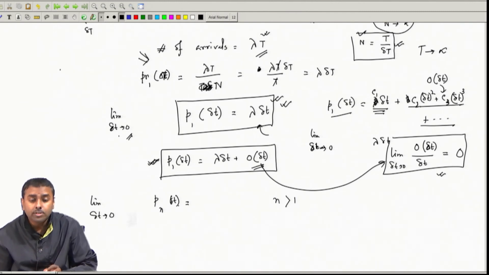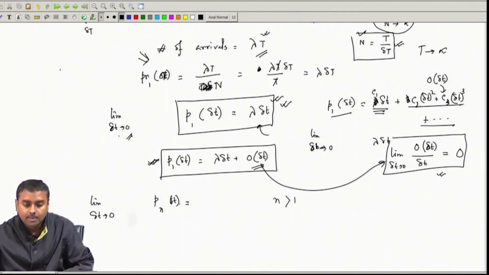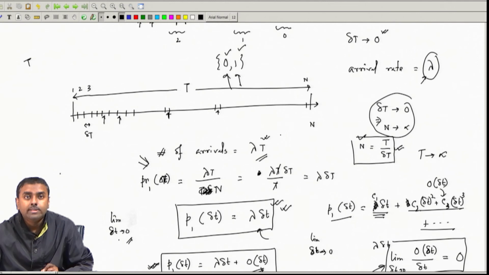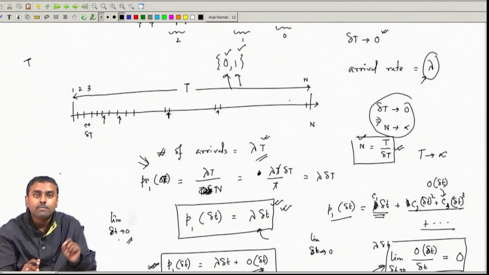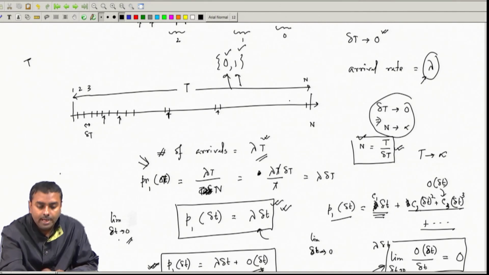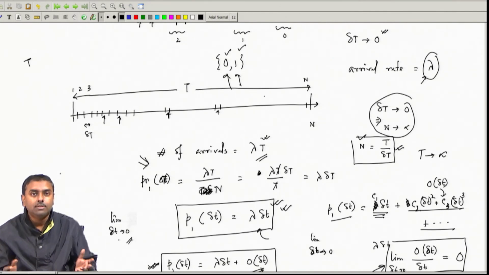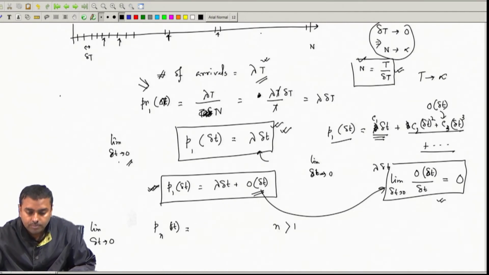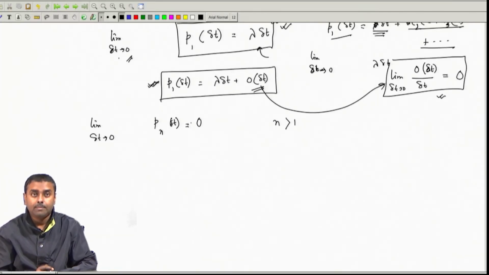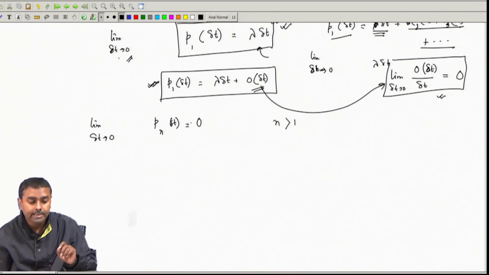That must be 0, because there are no favorable cases. What is the probability that within delta t 2 or 3 or 4 arrivals will happen? All are 0, because of the non-simultaneity principle: if my delta t becomes vanishingly small, or goes to 0, then I do not get any 2, 3, 4 arrivals within a delta t. So, those should all be 0, but that is only true when delta t goes to 0.